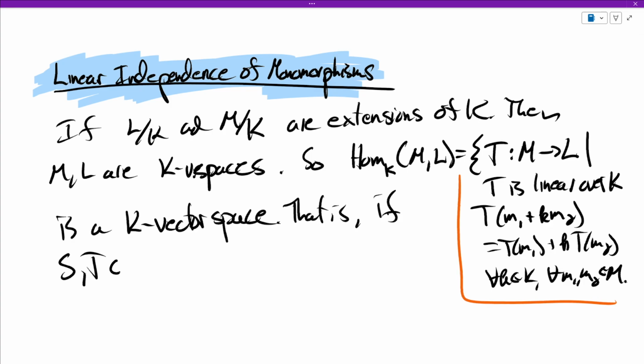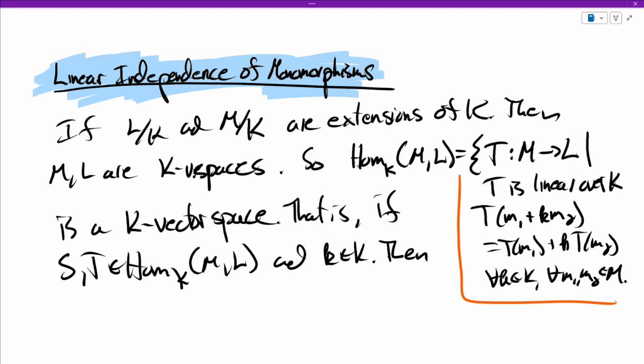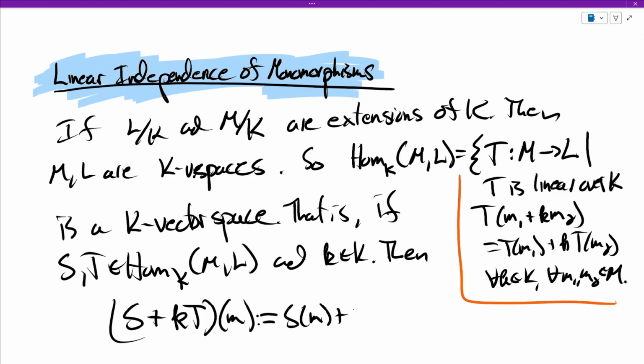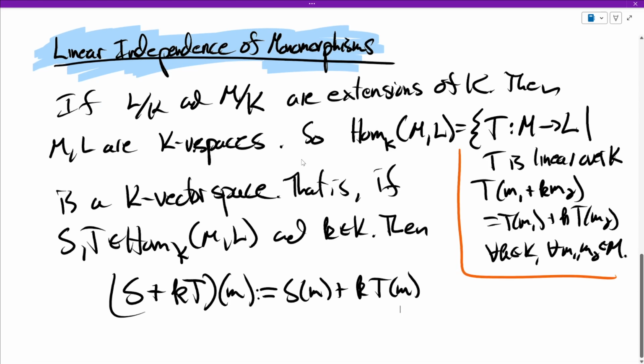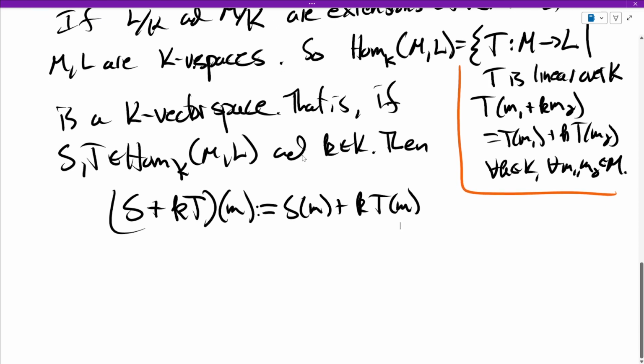So if we have two linear maps S and T in this set of all linear maps, and we have some little k in K, then it's routine to check that S plus kT of m, defined by S of m plus kT of m, defines a K vector space structure.